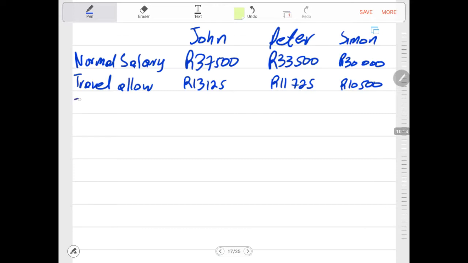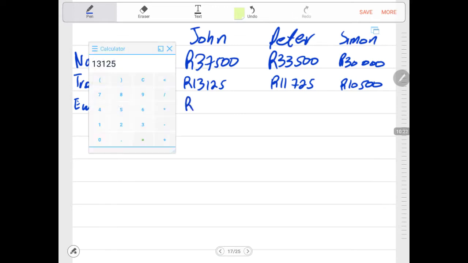Then after that, there is the entertainment allowance. The entertainment allowance is 30% of their salaries, which is 37,500 times 0.3. We get 11,250.